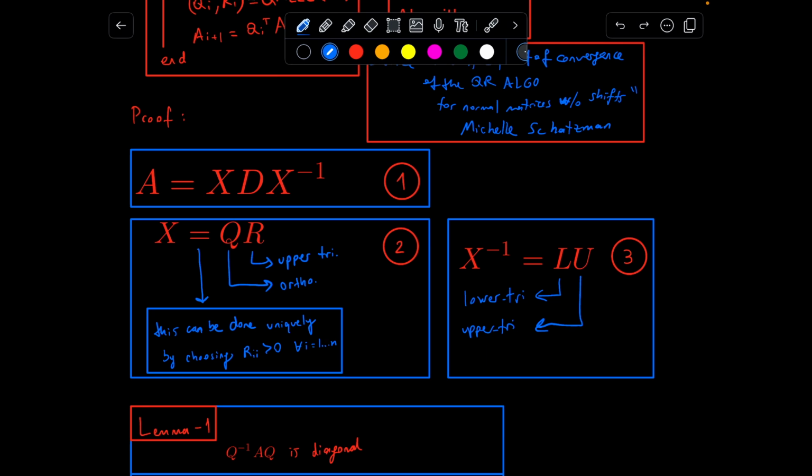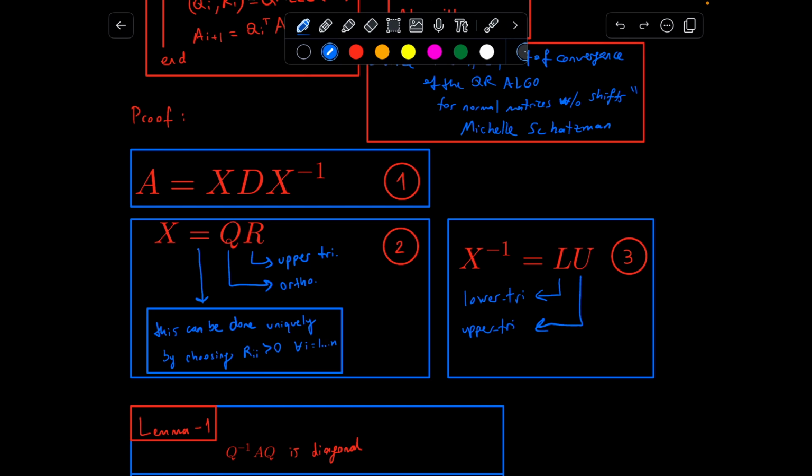So let's start. For a given matrix, we can express it as X D X inverse, where X is what we call the modal matrix, basically a matrix whose each column is populated by an eigenvector.